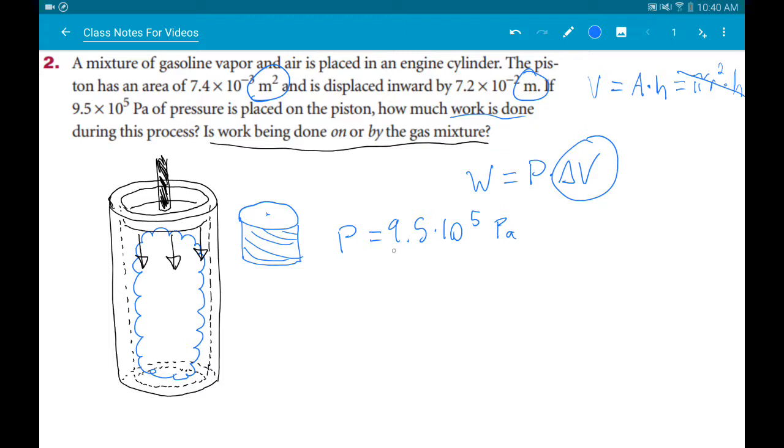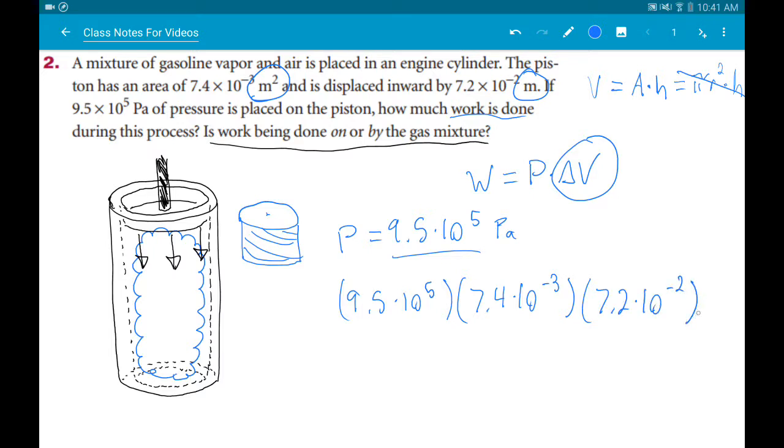So we take the pressure, 9.5 times 10 to the 5th pascals, and for volume we get area times height. So we get the area of 7.4 times 10 to the negative 3rd square meters times 7.2 times 10 to the negative 2nd meters.